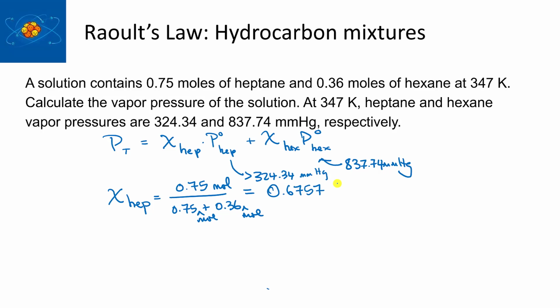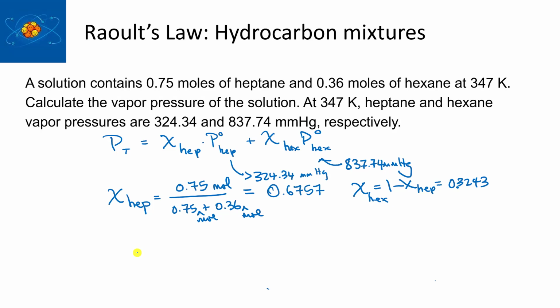Now, you could do the exact same calculation for hexane, or you could just know that since there are only two components, 1 minus the mole fraction of heptane can also be used, and that will give you 0.3243. So, this is for hexane, sorry.